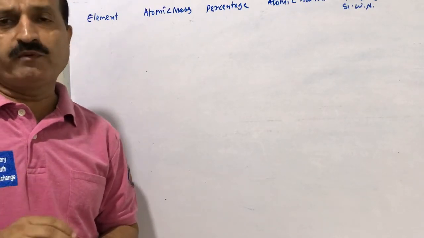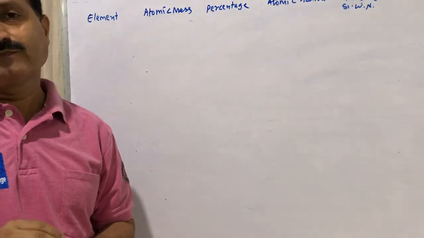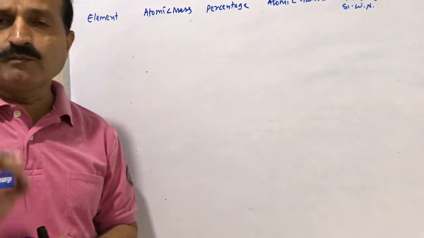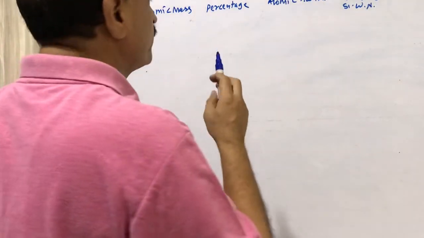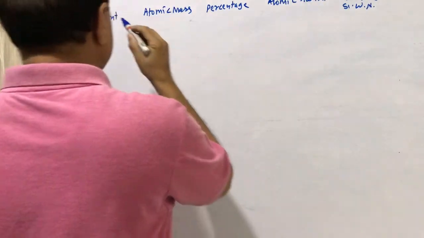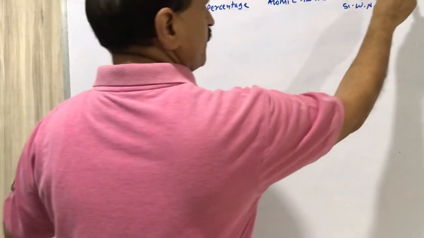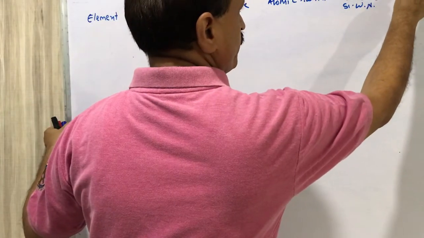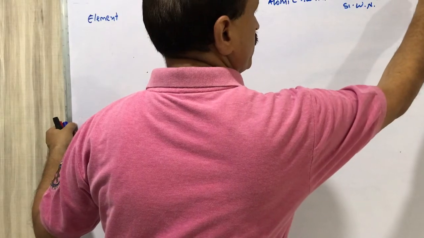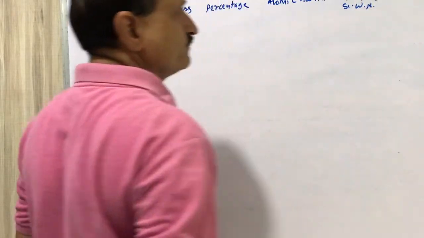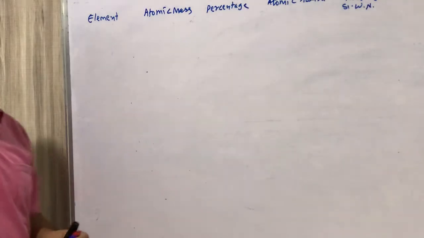Until you make the table, you cannot solve the problem. So you are given the simple percentages, and the molecular mass of the compound is 88 gram per mole. You are given the molecular mass also.